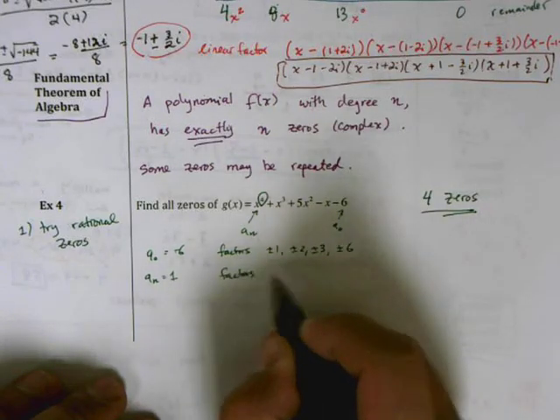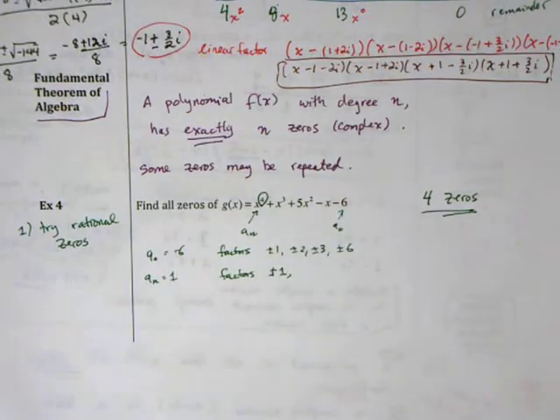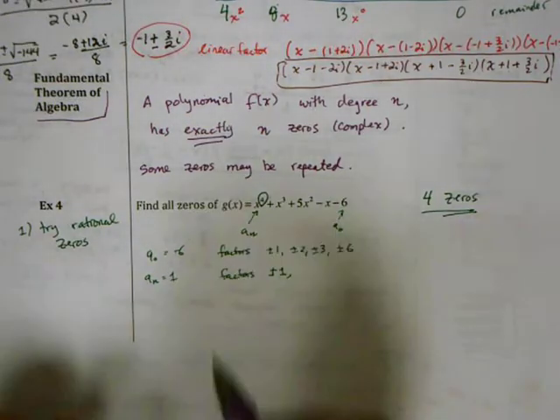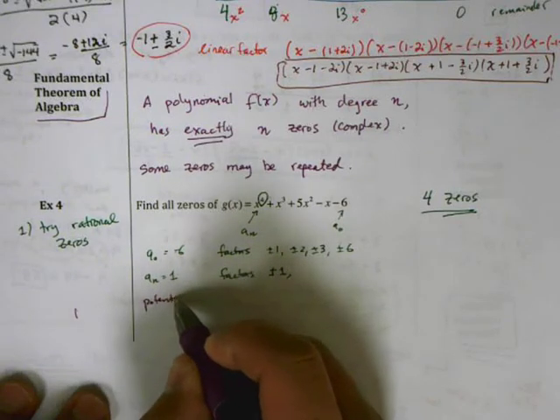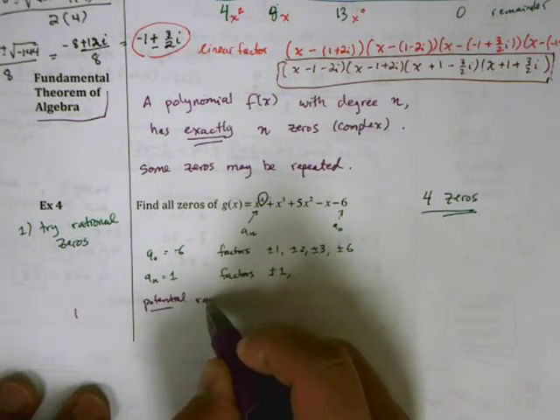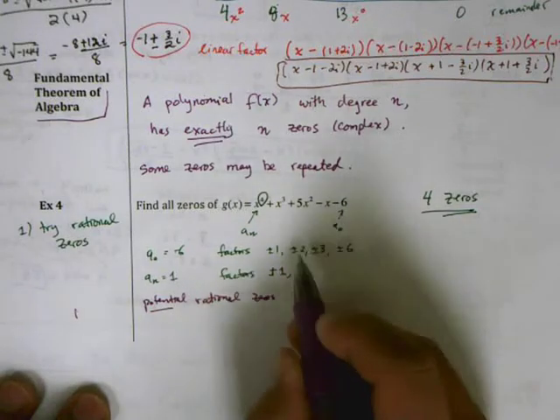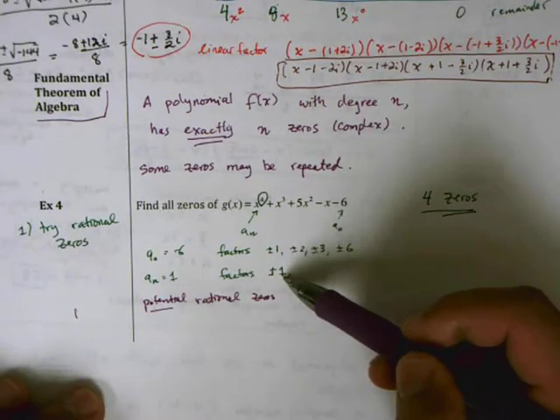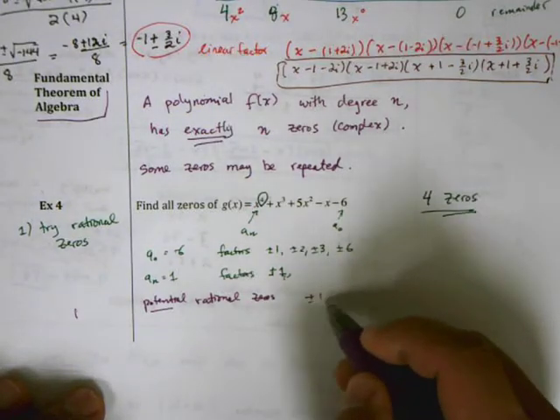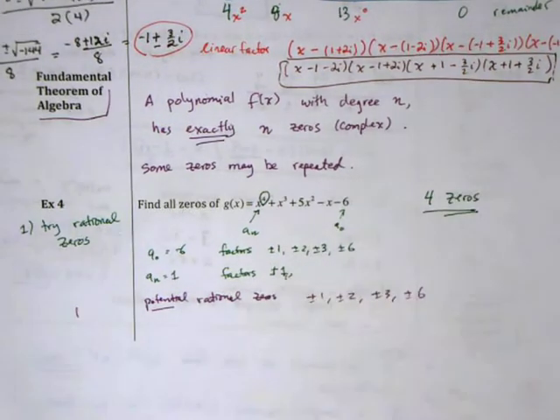Factors of the leading coefficient are very simple, just plus or minus 1. So these are the potential rational zeros: all these factors divided by these factors, but there's only one of them, so it's just plus or minus 1, plus or minus 2, plus or minus 3, plus or minus 6.